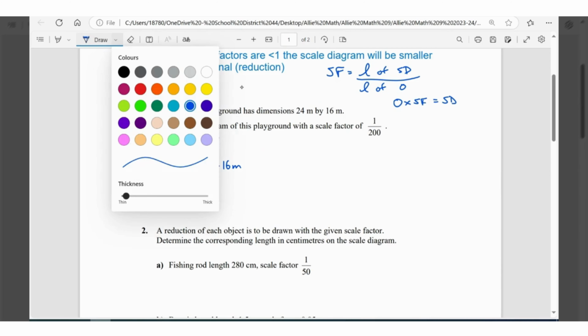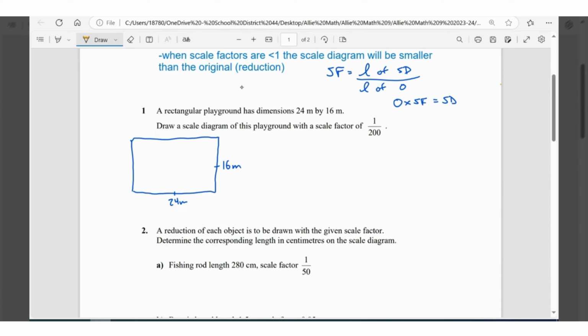That's the one we're going to use for this question, that the original times the scale factor is going to equal our scale diagram. It would also be good to write down this equation, that the scale factor equals the length of the scale diagram over the length of the original. So let's use this one right here.